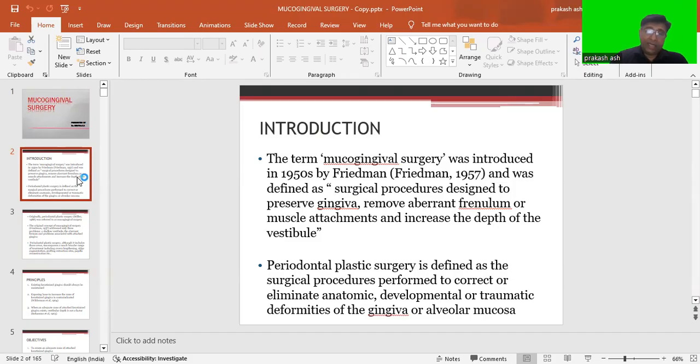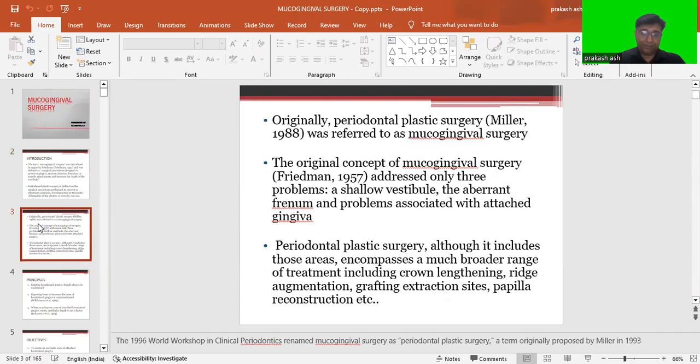Periodontal plastic surgery is defined as a surgical procedure performed to correct or eliminate anatomic, developmental or traumatic deformities of the gingiva or alveolar mucosa. Originally, periodontal plastic surgery was referred to as mucogingival surgery.